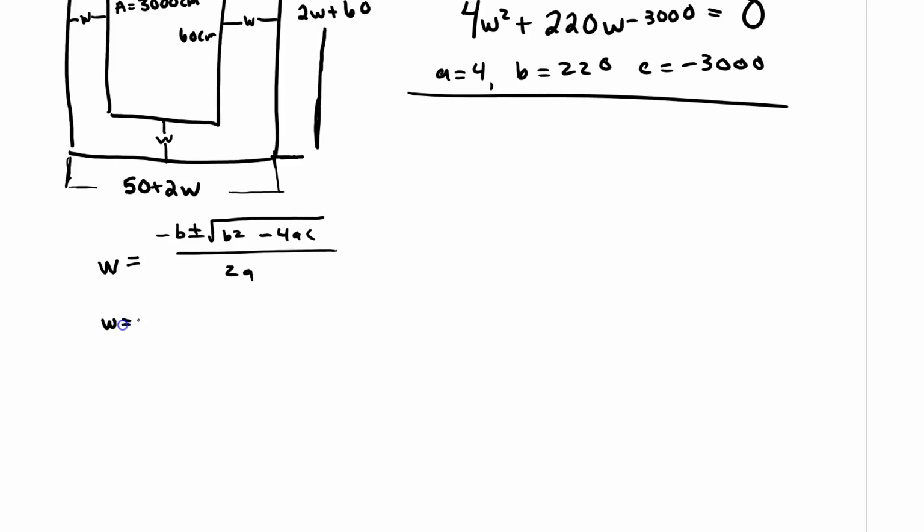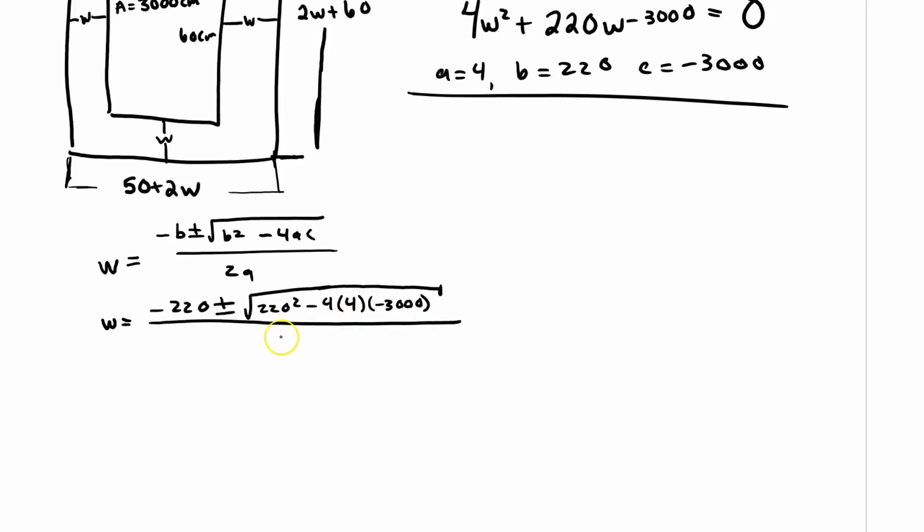So W equals negative 220 plus or minus, that gives us our two answers, the square root of 220 squared minus 4 times 4 times negative 3,000, all over 2 times 4.